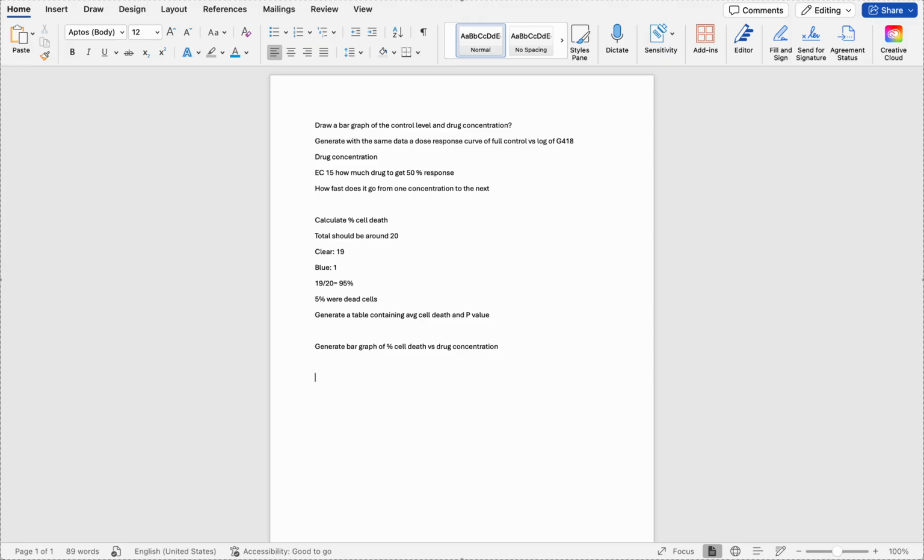So, control is no drug, right? It's going to generate a certain amount of rescue. With the drug, it's going to generate a lot of rescue of the protein. So if you take the rescue in the presence of the drug divided by the absence of the drug, that gives you the fold control.